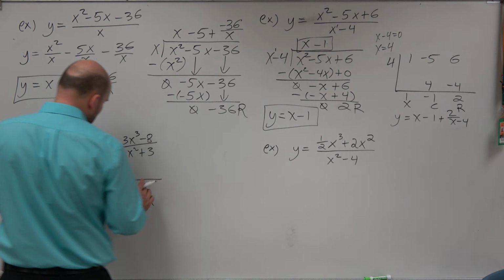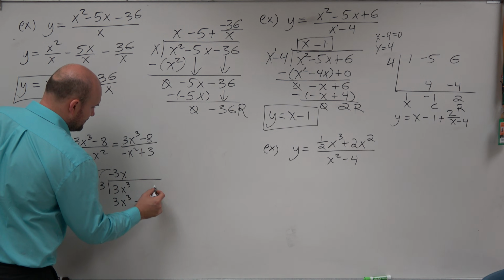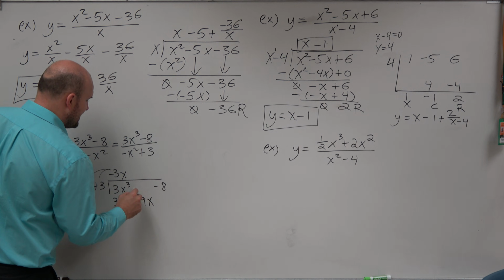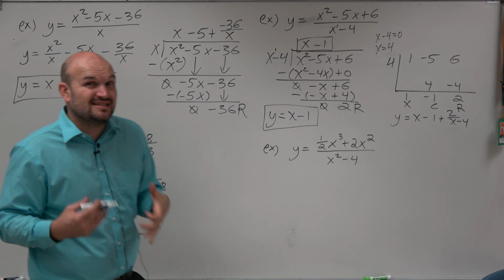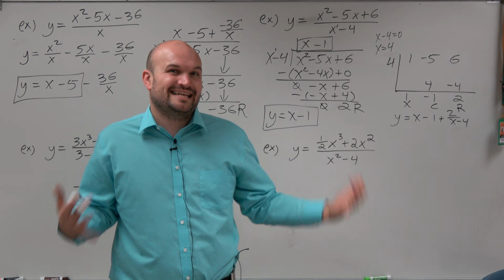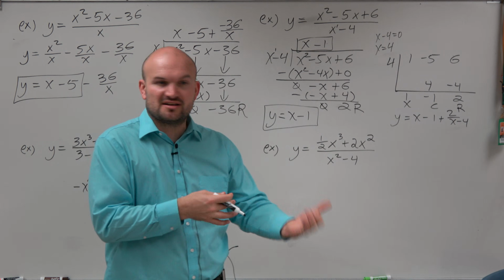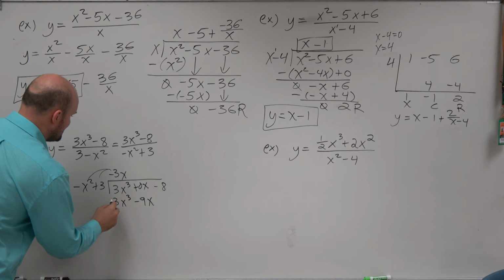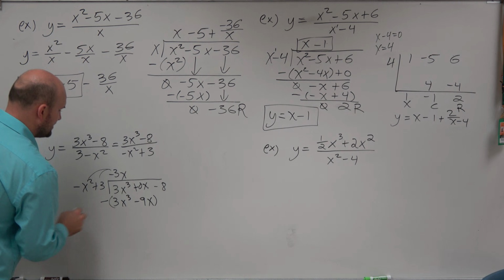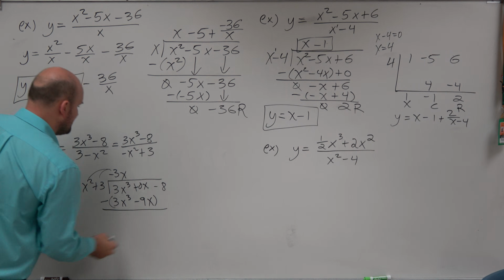So what we can do is move this negative 8 over and add a positive 0x. And that positive 0x is basically just acting as a place value. You don't need it, and the more comfortable you get with long division or just number sense, you don't have to include that. But I think a lot of times when people are learning this, it's helpful to include it. So now we subtract our rows.